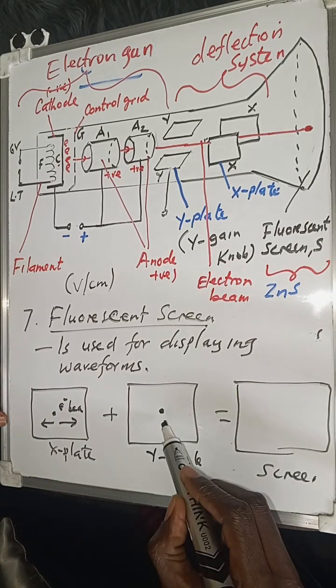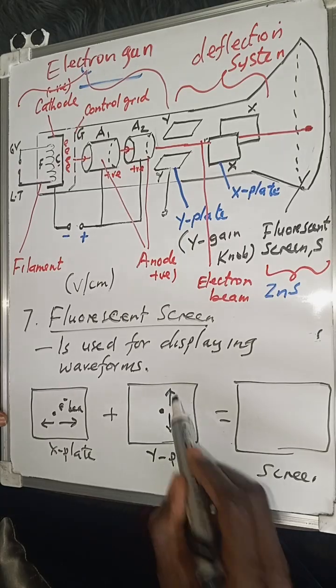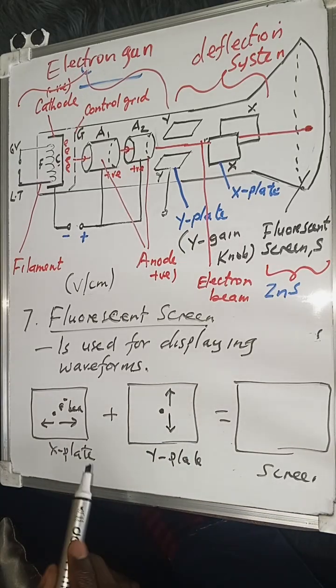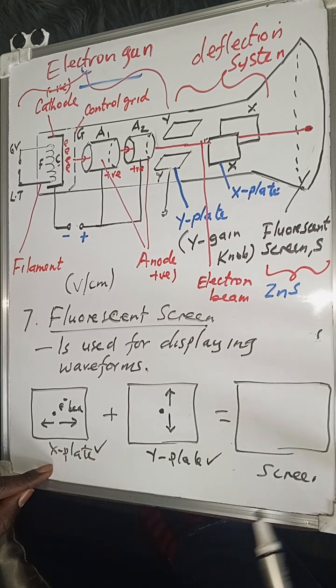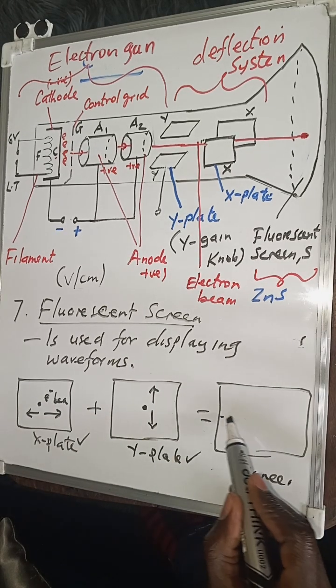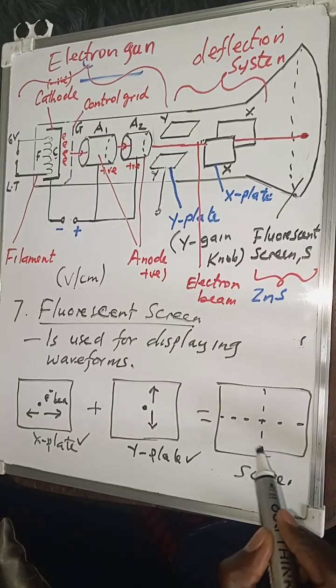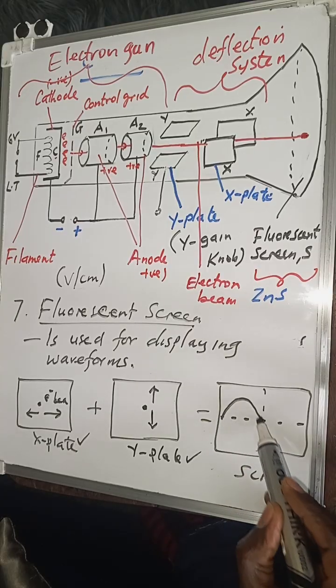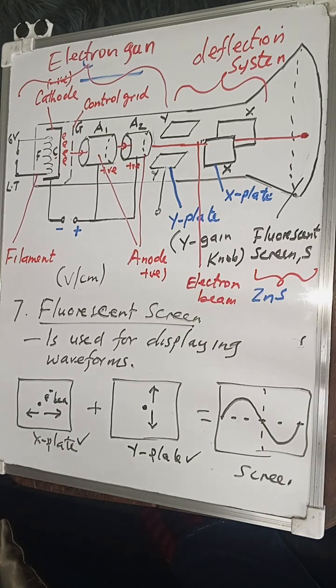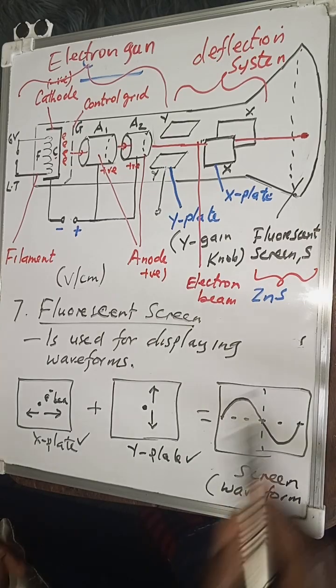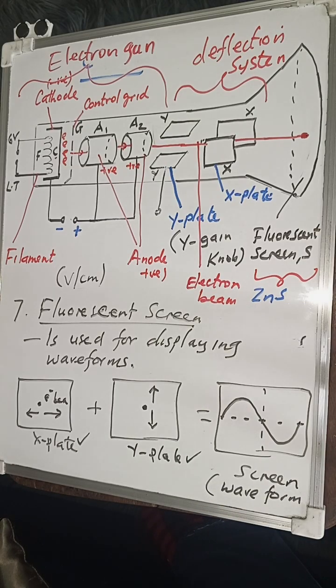If a voltage is applied, it can move up or down. That's what we mean. So when you combine the deflection on the X plate and on the Y plate, a waveform is going to be created on the screen. So basically, that is what the fluorescent screen does.